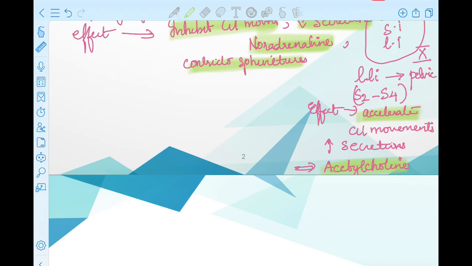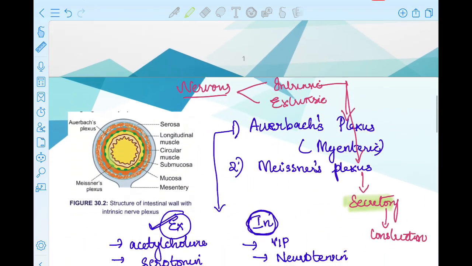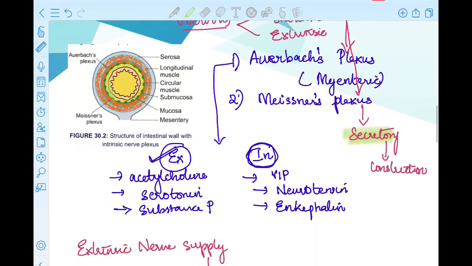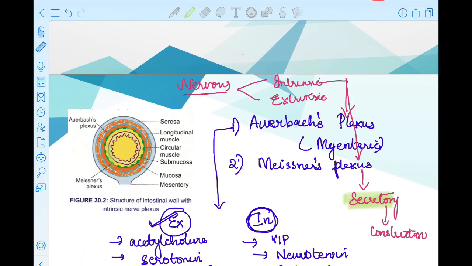Clear? So we have covered a very important topic, the nervous control of salivary secretion. That is a very important area. Or altogether it's not the nervous supply of the salivary secretion as such, because for salivary secretion we have much more to learn, but this was the overall nervous supply of the GI tract.